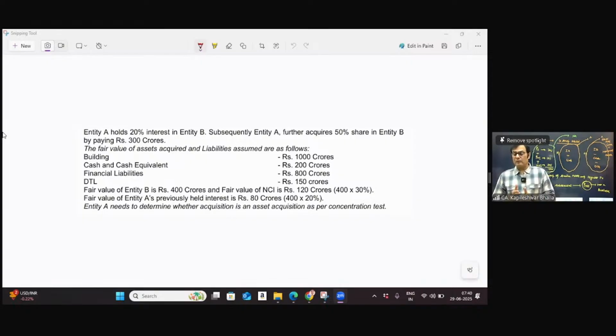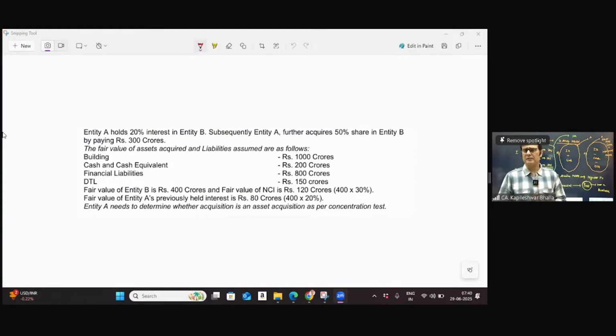Then he says the fair value of the entity as a whole is 400 crores, and the fair value of the NCI is already worked out for me: 30% of 400, that's 120 crores. Then the fair value of A's PHI is also given, that is 400 crores into 20%. Entity A needs to determine whether this is an asset acquisition as per the concentration test.